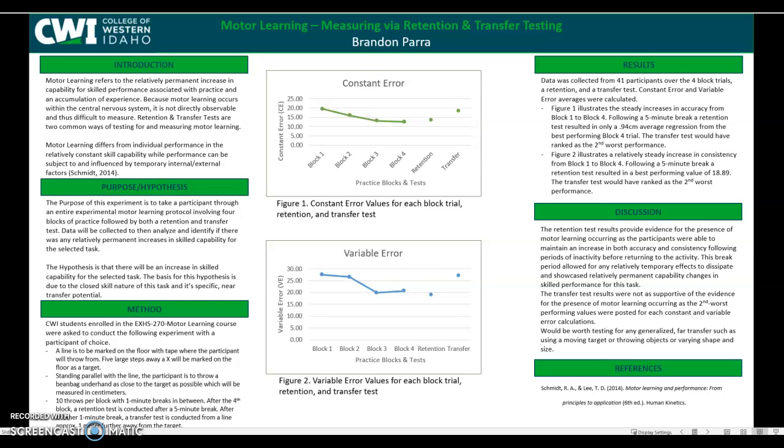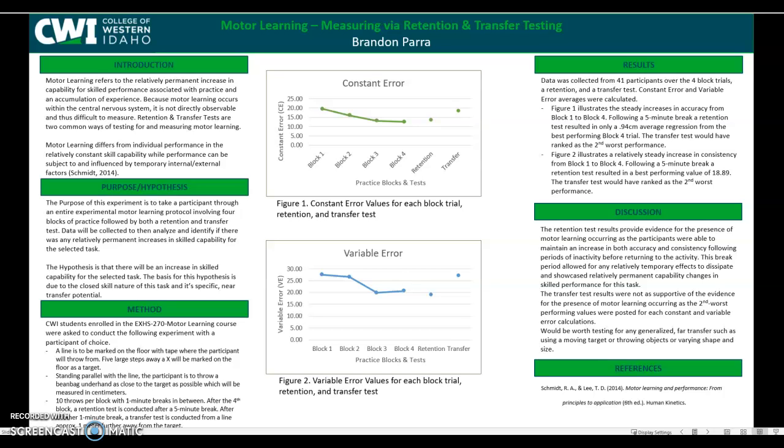That's because the participants were able to maintain this increase in both accuracy and consistency following that 5-minute break, which would have allowed for any temporary effects to dissipate, and indicates the presence of permanent increases in capability occurring there.